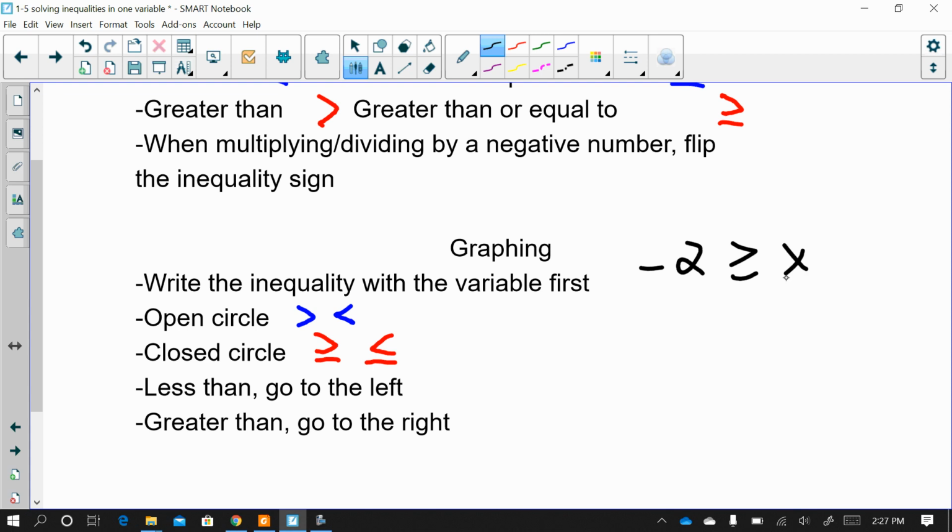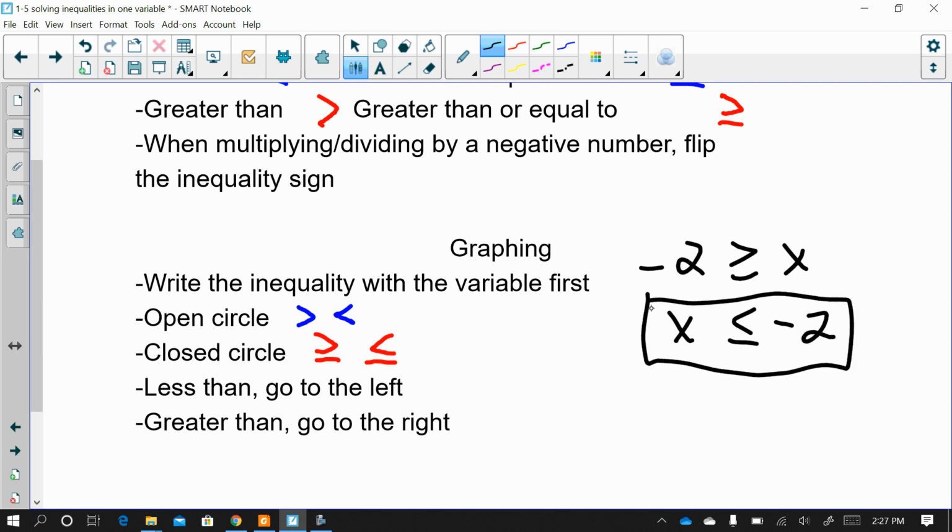That's confusing. So we want to flip it around. So put the x first and then the -2. Look at the mouth. It's eating the -2, so I keep it eating the -2. This will help you with graphing much more than this. So always write the inequality with the variable first. If we have just less than or greater than, we have an open circle. If we're equal to, we do a closed circle. Less than goes to the left, greater than goes to the right.